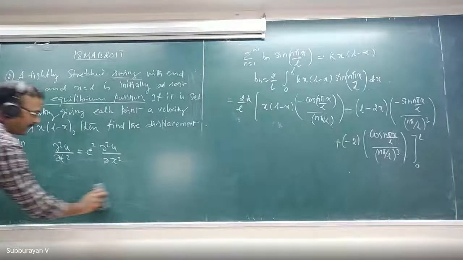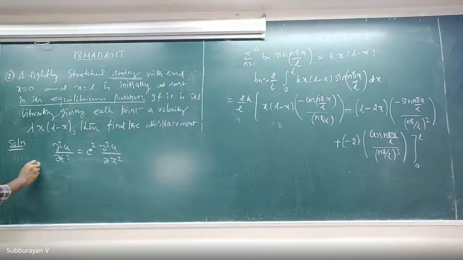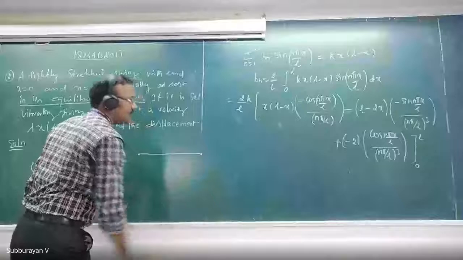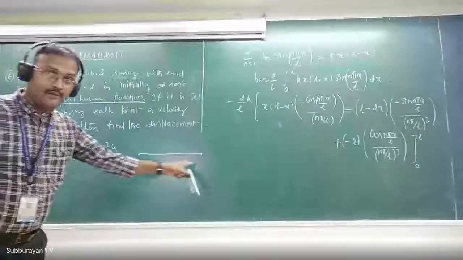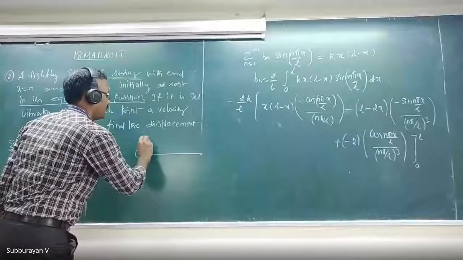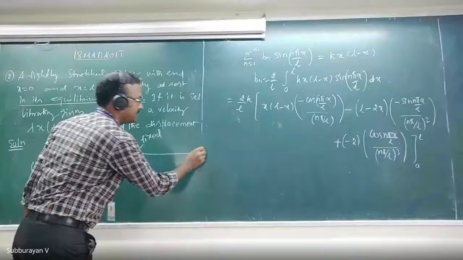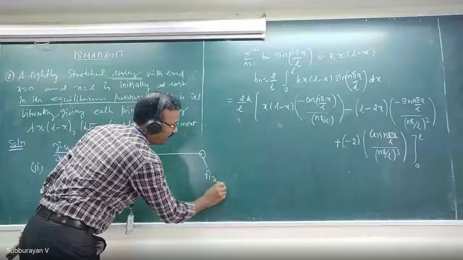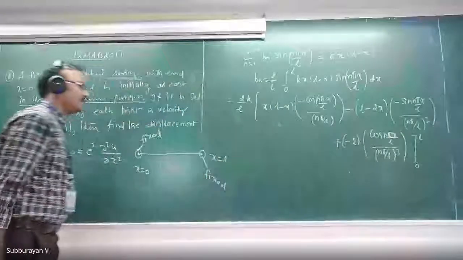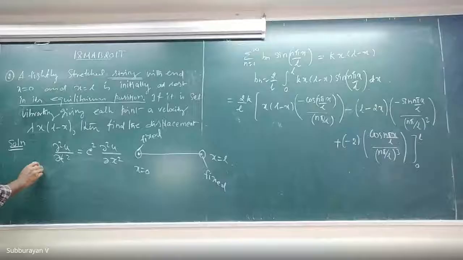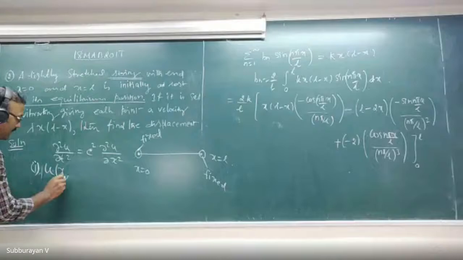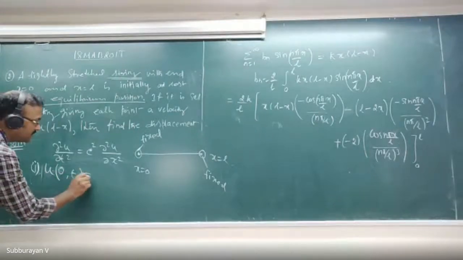And the second one: the string is initially in equilibrium position and it is fixed at both points. This is x equal to 0 and this is x equal to L. Therefore, the first condition is u of 0 comma t equals 0.